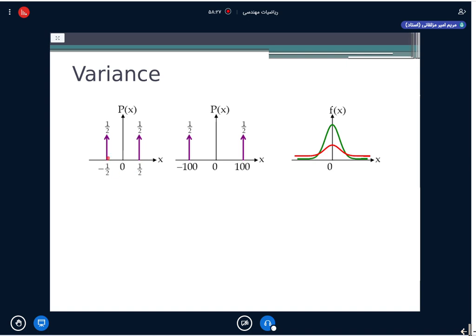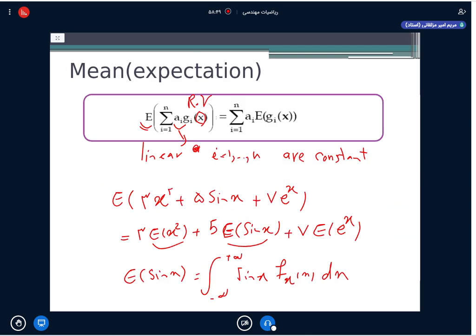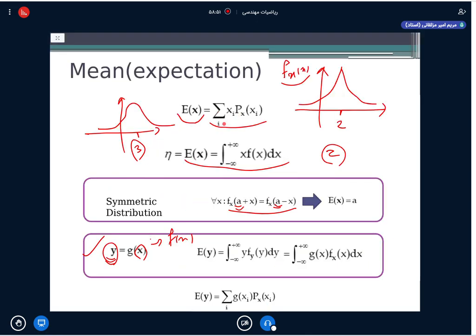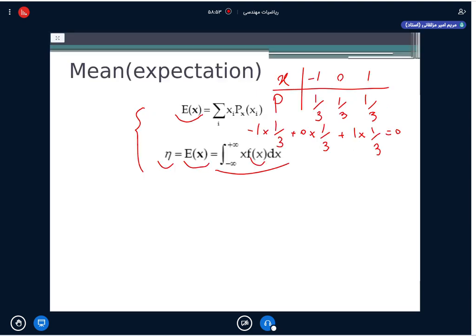Can you say what's the average or what's the mean of this random variable? What's the expectation of x? To compute the expectation of x, here x is a discrete random variable.